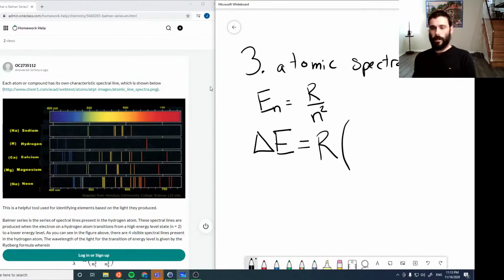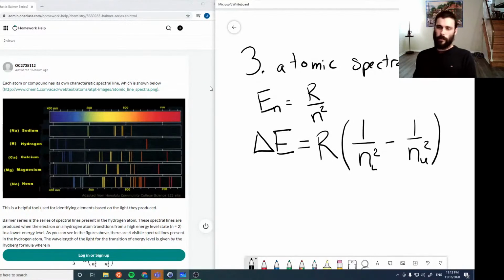And the best way I've always found to represent this is 1 over n lower squared minus 1 over n upper squared.